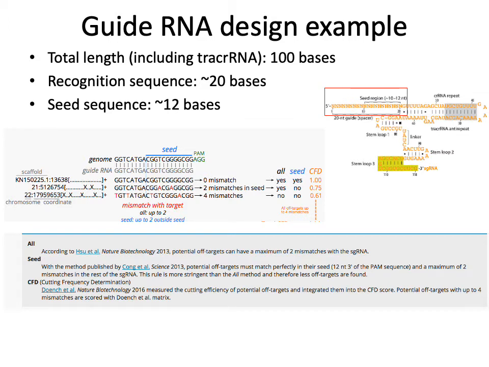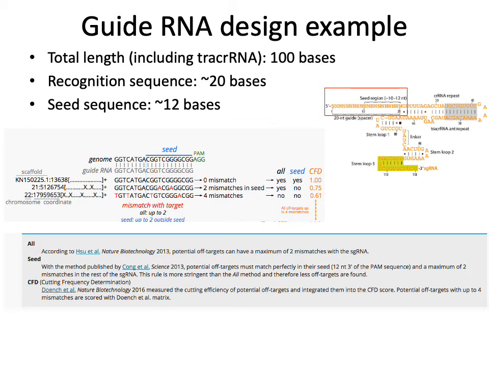Of that, there's a segment immediately upstream of the PAM sequence, called the seed sequence, which has more stringent requirements in terms of exact sequence complementarity to your target sequence. That seed sequence is about 12 bases.